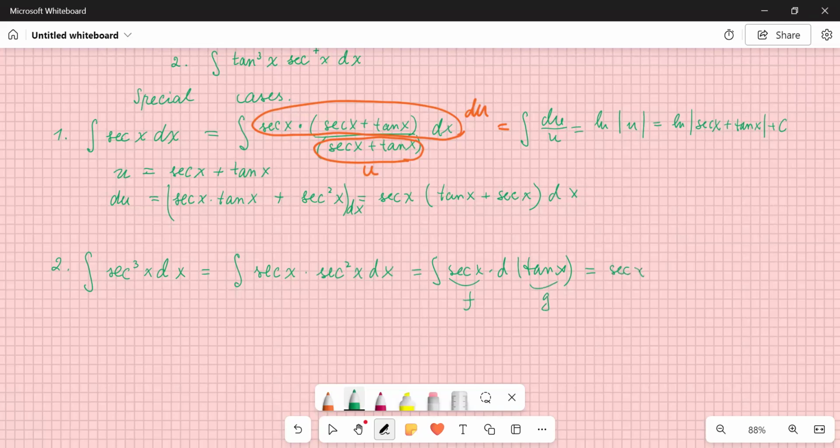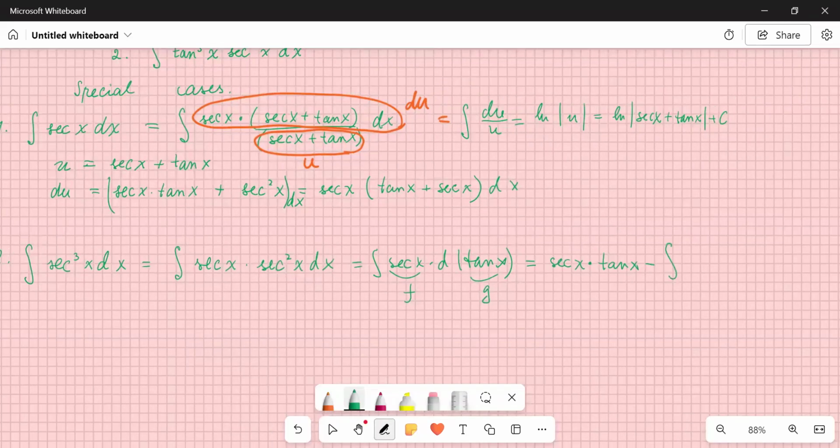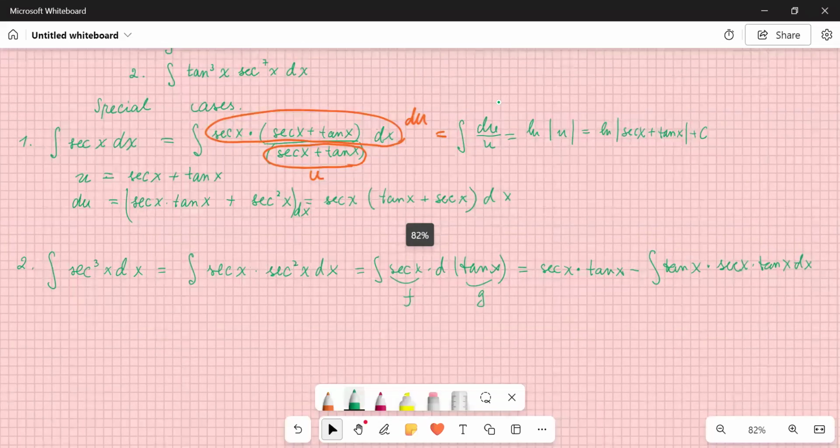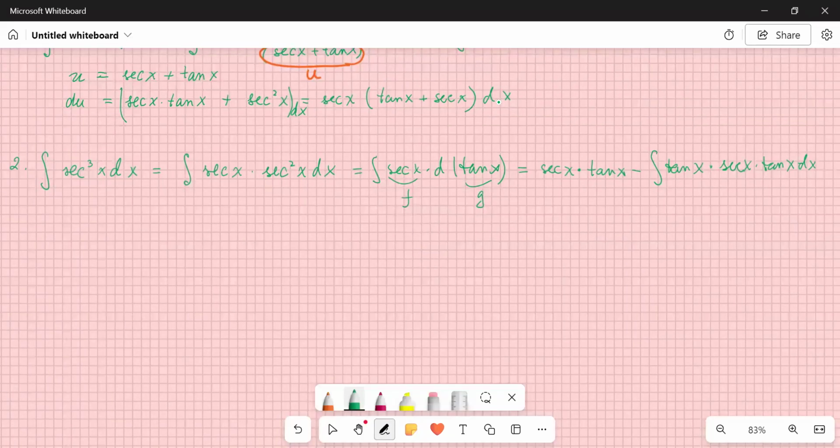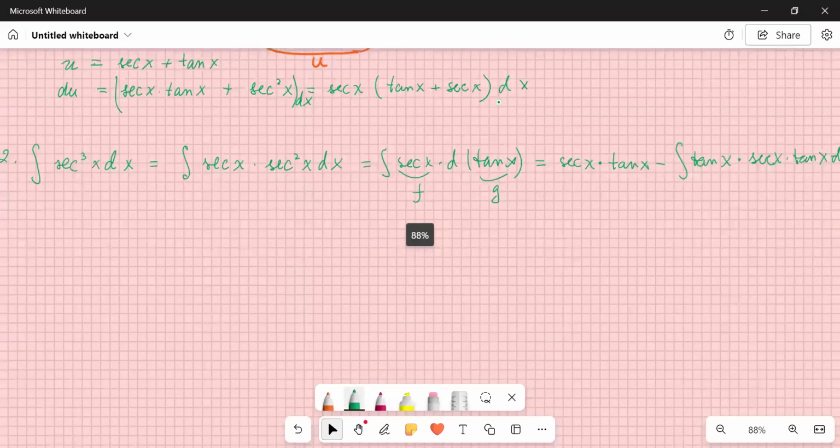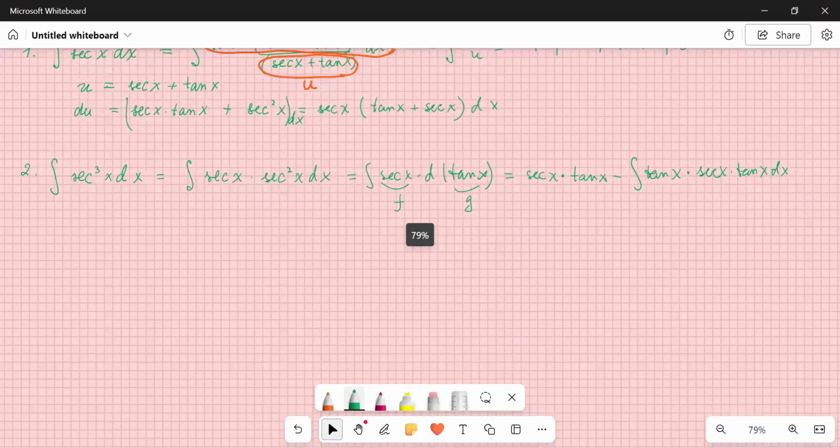So secant of x multiplied by tangent of x minus. Remember that now I have to copy my function g, which is tangent of x, and differentiate my function f, which is secant. And the derivative of secant is secant tangent. I'm going to move to the next line and simplify my expression a little.